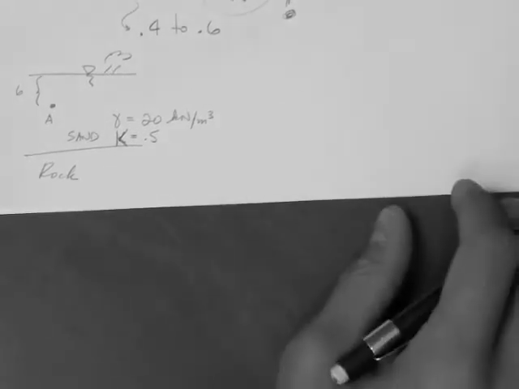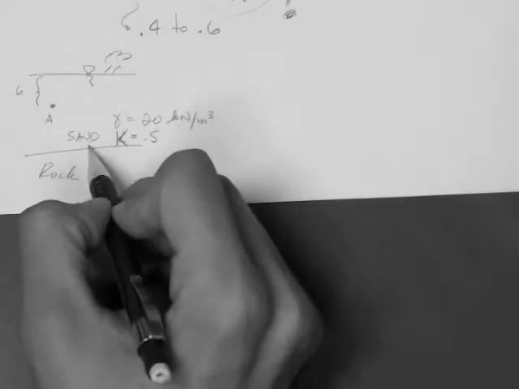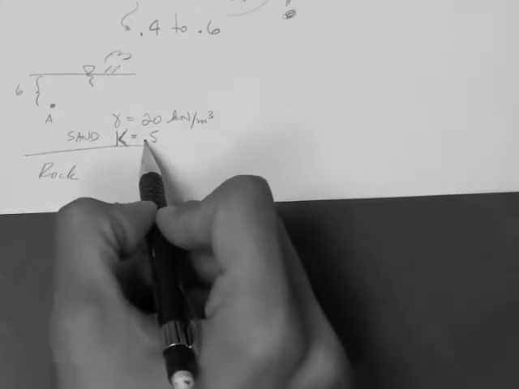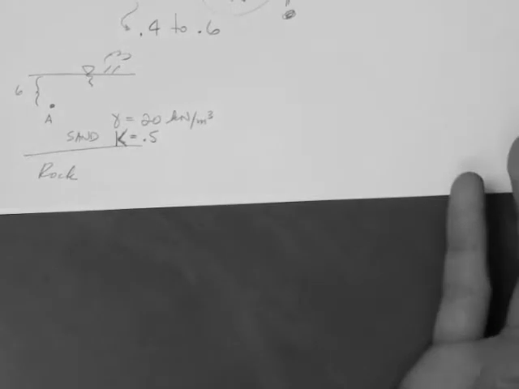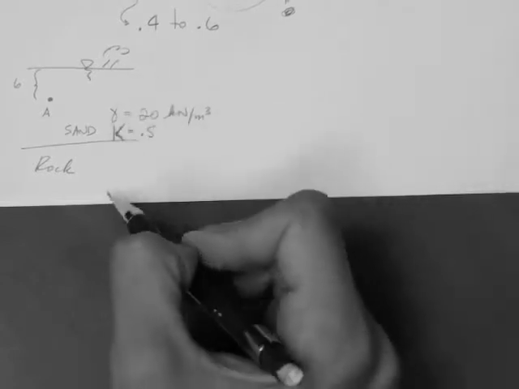But typically in geotech, in engineering, we assign an average value of K to a layer. Okay, so a layer will have a gamma, a layer will have a K value, a layer will have, for example, a strength value, and that is of course okay if the parameters don't vary that much, right?